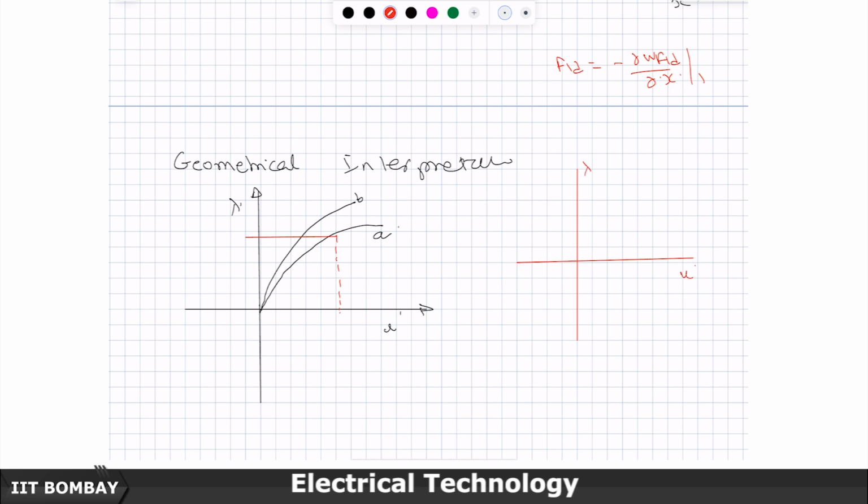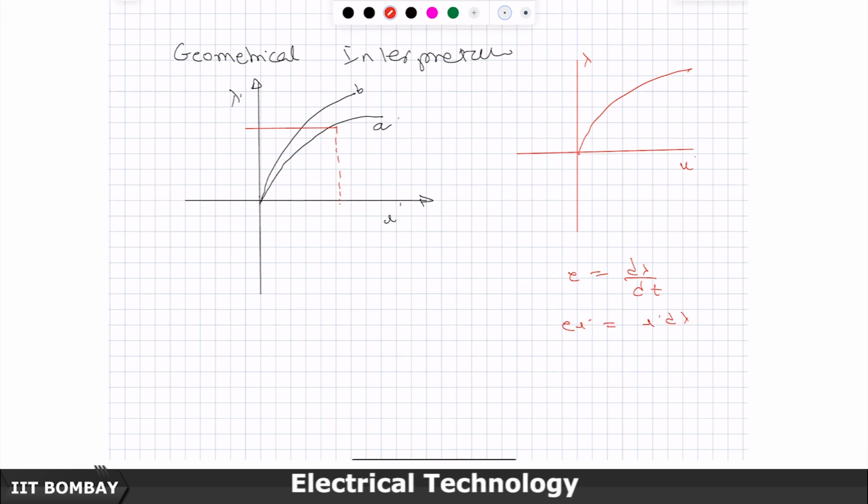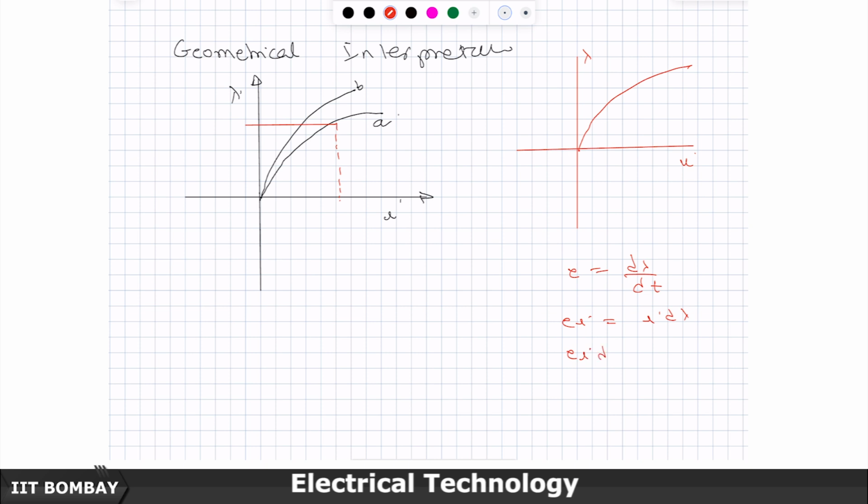Lambda I, this is E is equal to d lambda by dt, power is E I. d lambda, so incremental change, and provided there is no mechanical movement which is happening here, E I dt will be equal to, what am I doing? I have E also and I have d lambda by dt also.